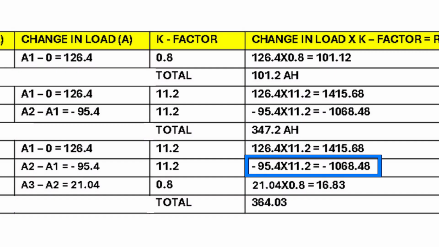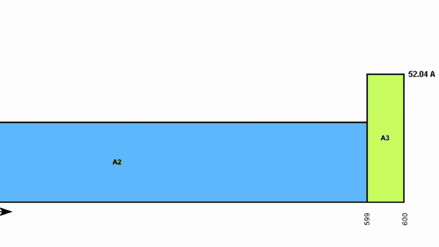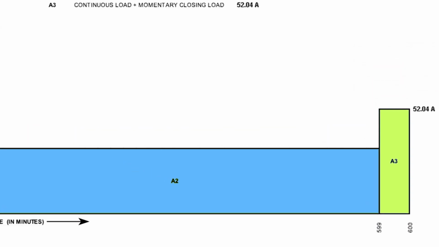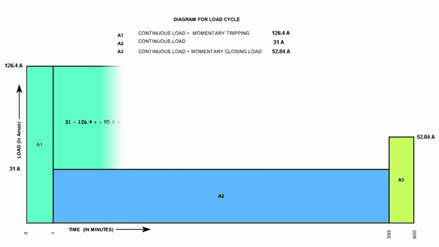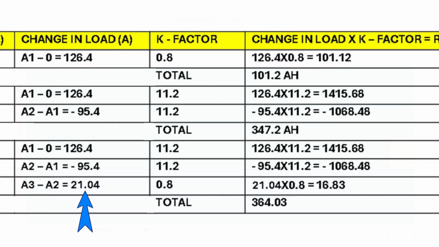Now I will come to the last block. That is A3 block. The duration of this block is from the 599th minute to the 600th minute. That is 1 minute. During that period, the current is 52.04 amperes. The change in current here will be positive, and that will be A3 minus A2. And that is 21.04 amperes.